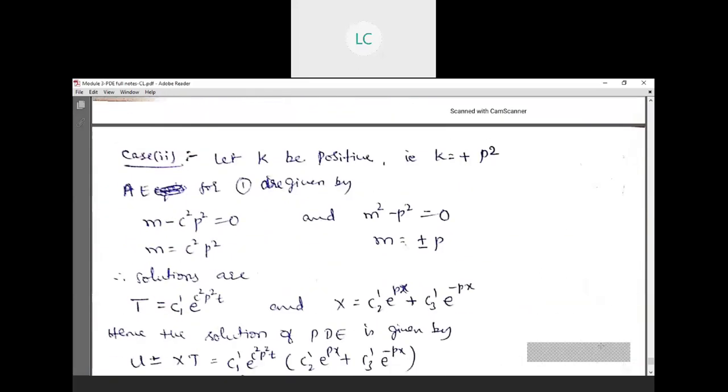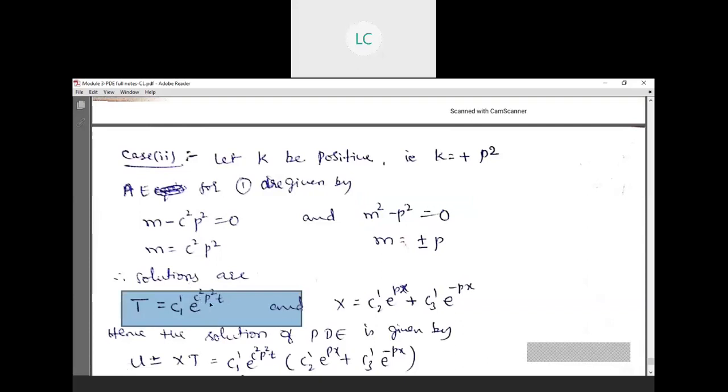Similarly, we are going to find the solution when k is positive. Consider k is equal to plus p square. Then the auxiliary equation for the first one is m minus c square p square is equal to 0, so m is c square p square, a single root. In the second one, m square minus p square equal to 0, that is m is equal to plus or minus p, two roots. So T is c1 dash e power c square p square t. There we used c1, right? So in the next case use c1 dash, c2 dash, c3 dash, like that.